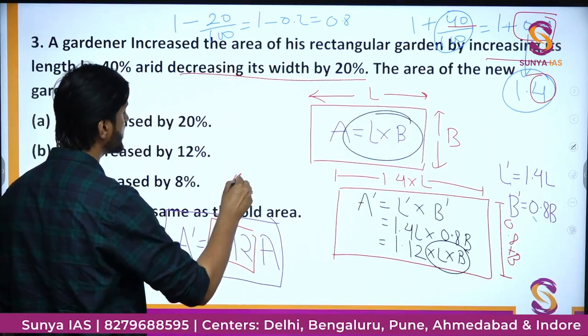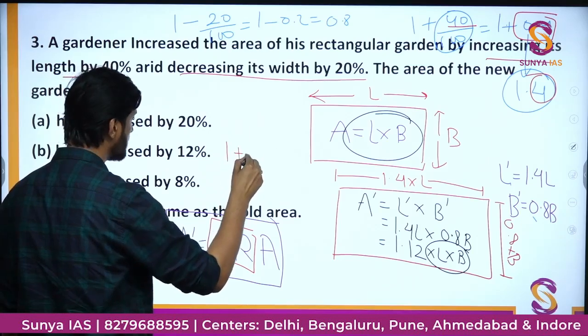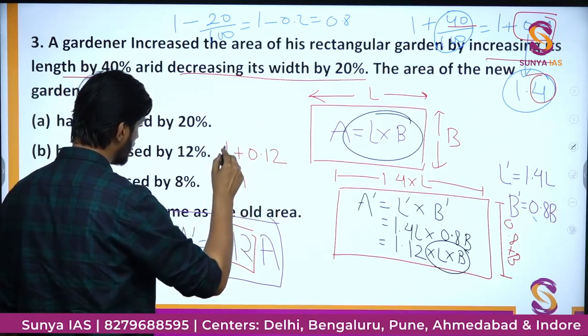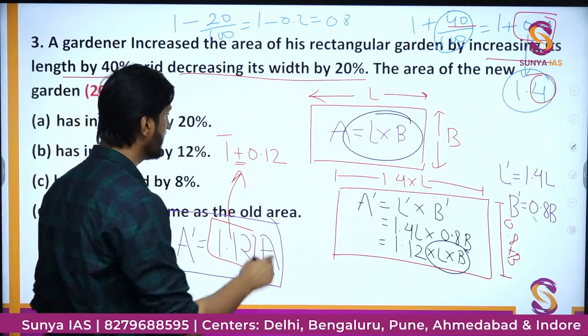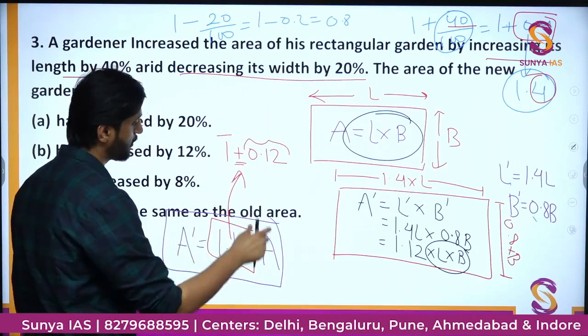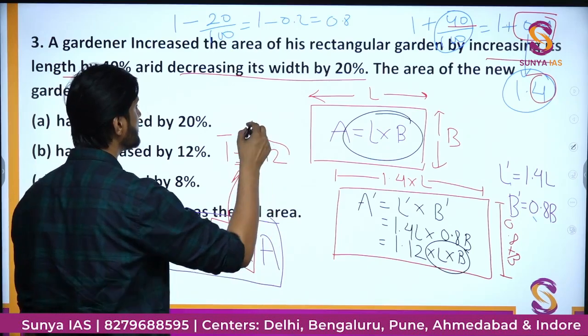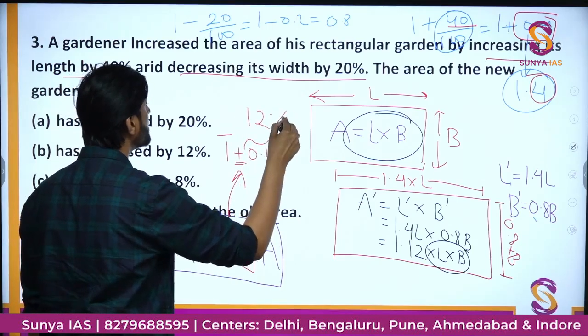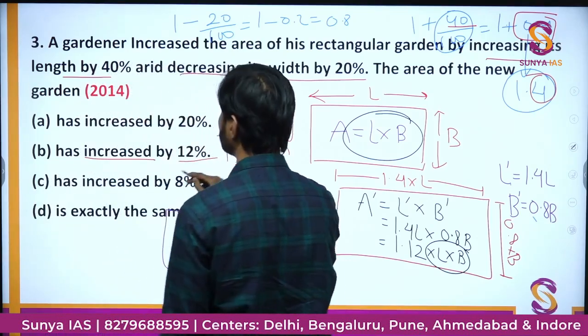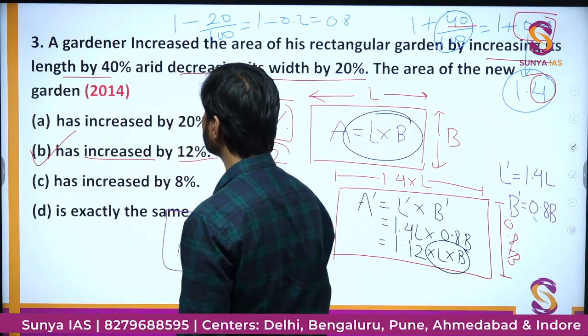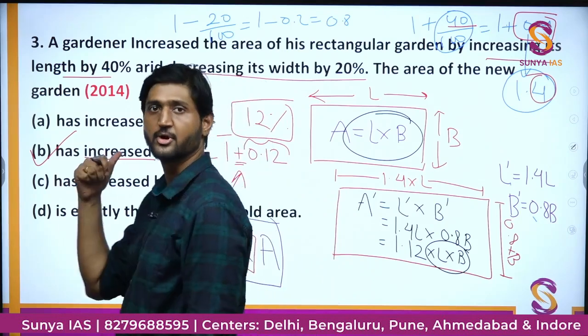We can also interpret it like this, 1 plus 0.12. 1 was the initial amount, plus indicates that there is an increase. And what does 0.12 signify? It signifies nothing but 12%. So overall there will be an increase of 12%. That is option number B is the correct option in this particular case.